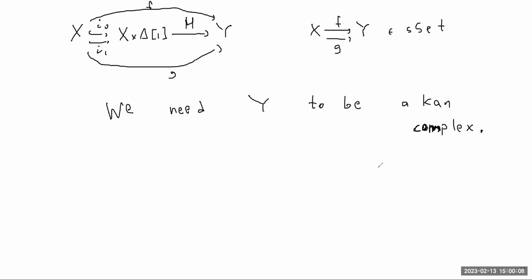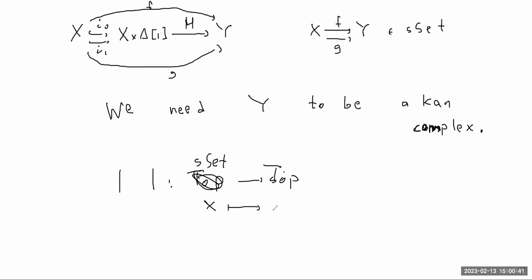What I want to say at the end, I don't have the time to speak about these things, but at least I can say this is the last thing. If we move by realization from simplicial sets to topological spaces, we get CW complexes, right?